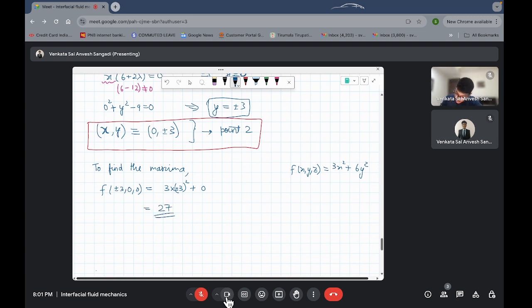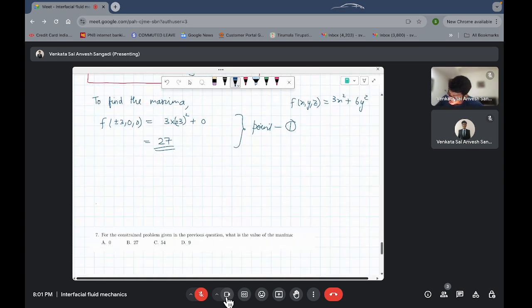This is for point 1. And for point 2, f of 0 comma plus or minus 3 is equal to 0 plus 6 into (plus or minus 3) whole square, which is equal to 3 square, which is 9, into 6, which is 54.